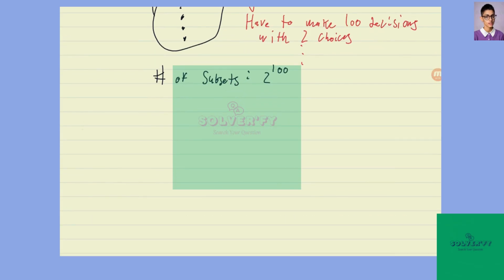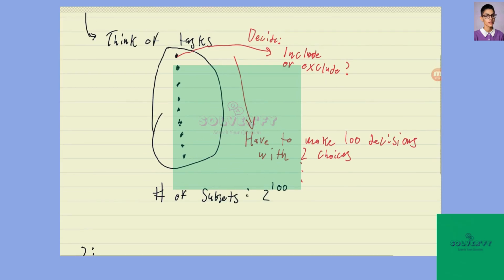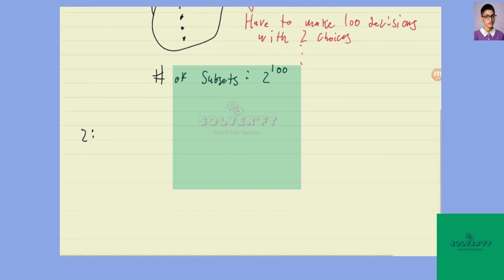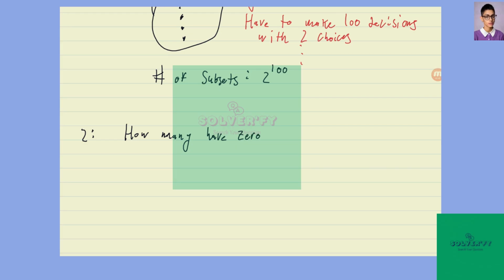Then for the second question, you have to think, as I said, how many have less than or equal to one element? So, first of all, how many have 0 elements? Might seem like a dumb question, but we do need to consider that whenever we're counting subsets, it's always possible to have the null set.